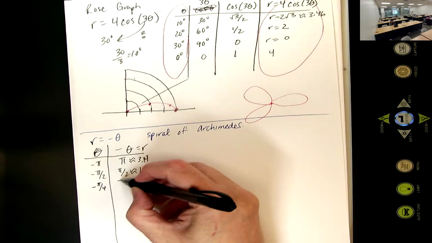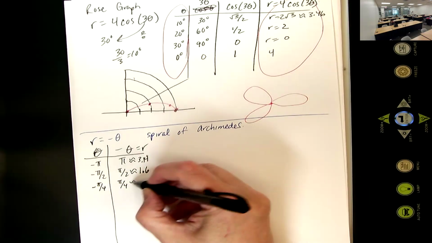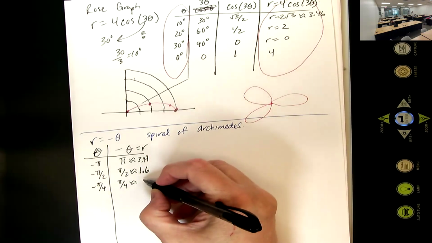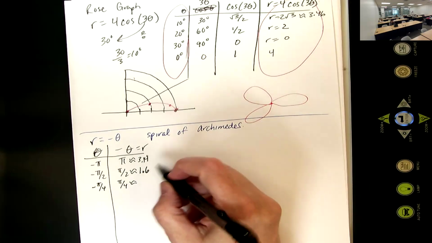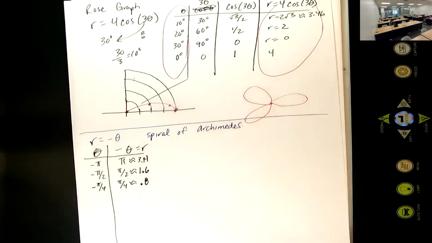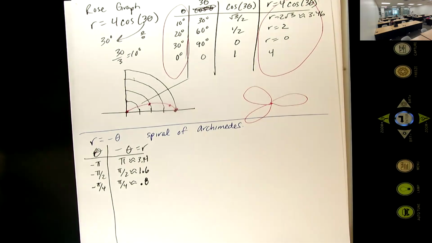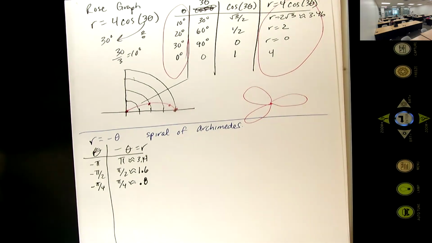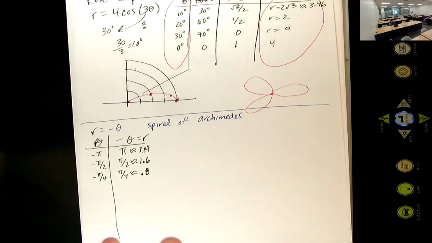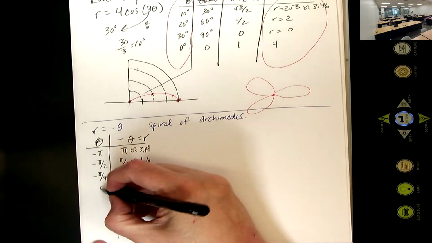I'm doing bigger increments because you'll see what's happening with this quickly. That's about 0.8, the previous number it had. Zero is zero.